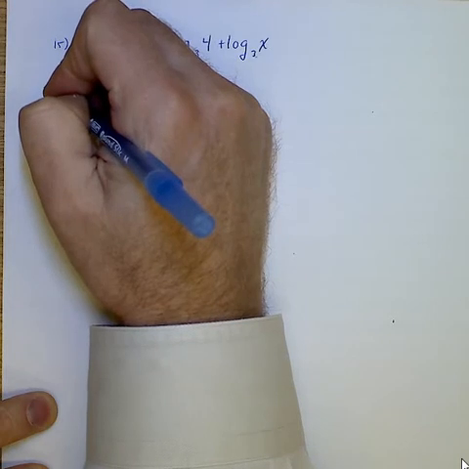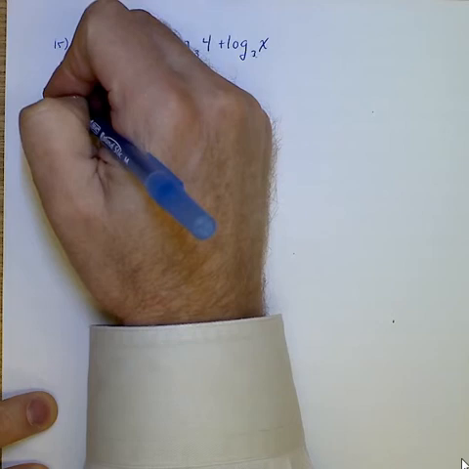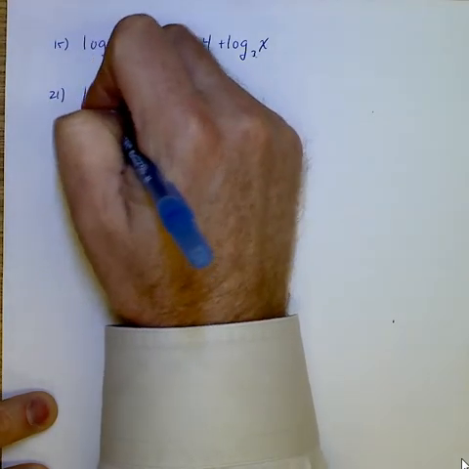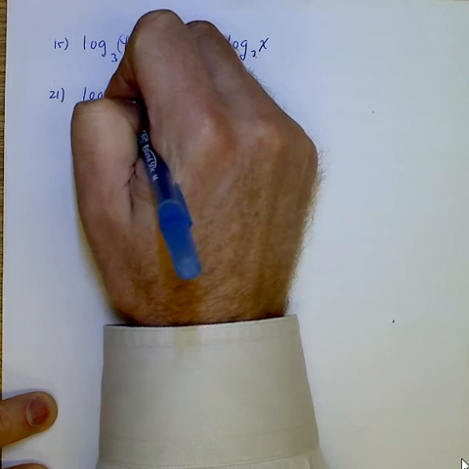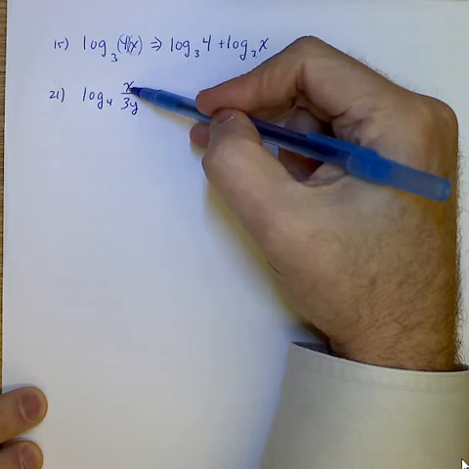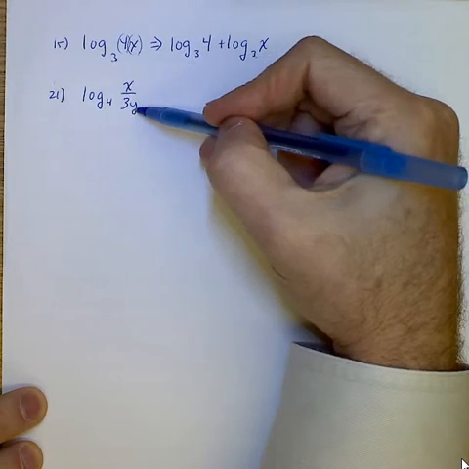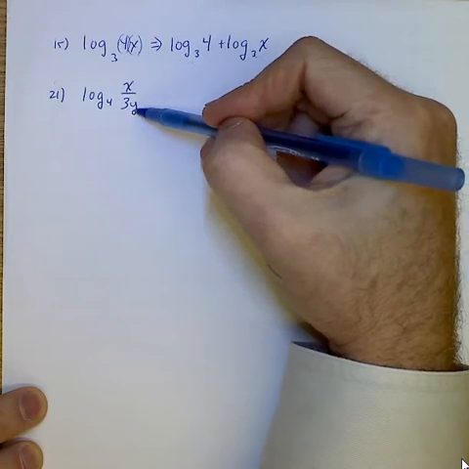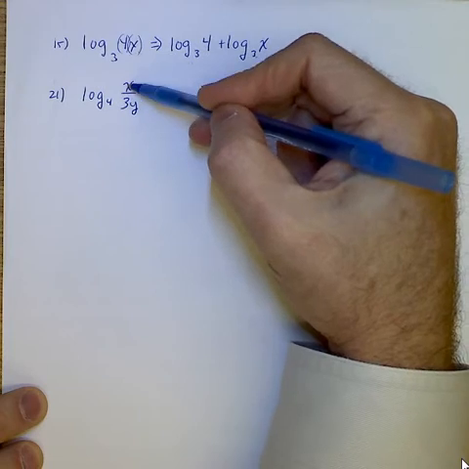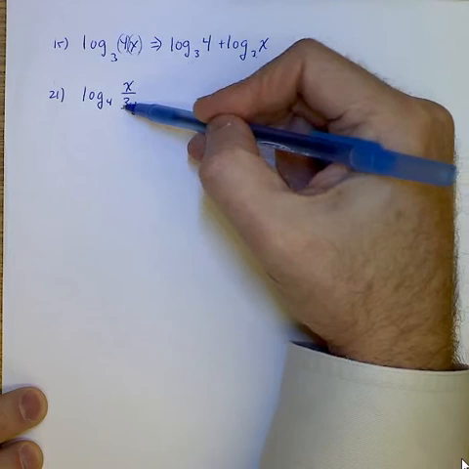Let me go ahead and do number 21. Okay, now in 21, it's the log base 4 of x over 3y. Now, we have an x, we have a 3, and we have a y. Those are three different terms. We have division, okay, and down here we have 3 times y.